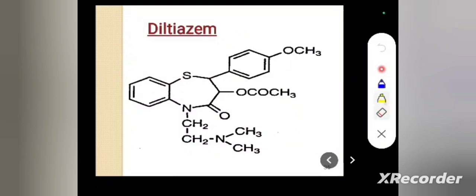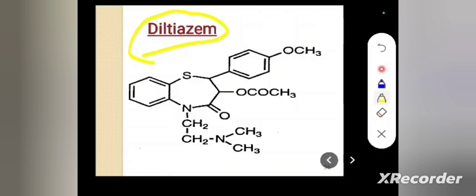Diltiazem. So, the chemistry of diltiazem. The nucleus of diltiazem is 4-oxo-2,3,4,5-tetrahydro-1,5-benzothiazepine.